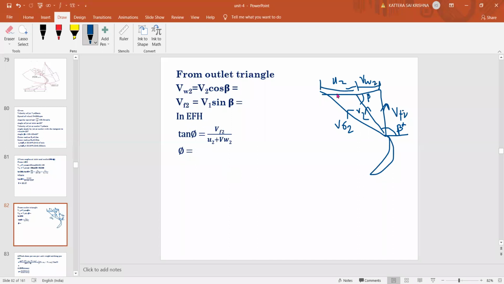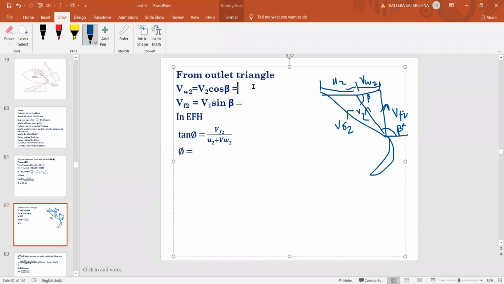Okay, so first we are going to find VW2. If you see, this V2 horizontal component will give you the value of VW2, and V2's vertical component will give your value of VF2, right? So VW2 equal to V2, angle is between this. So cos of V2 gives this value. So VW2 is V2 cos beta. So V2 is 5 meter per second.